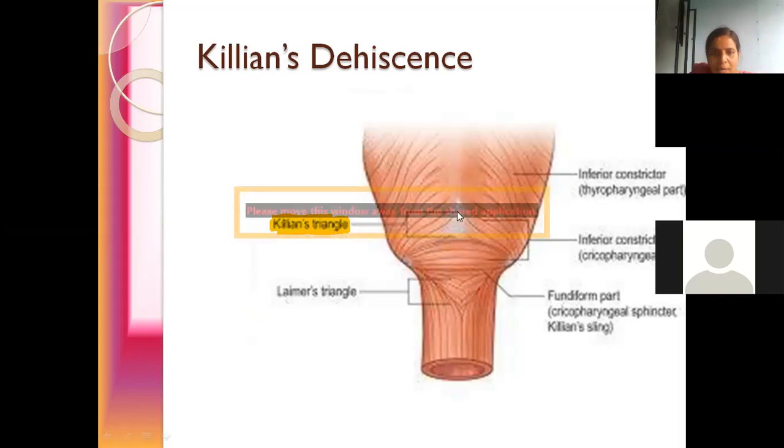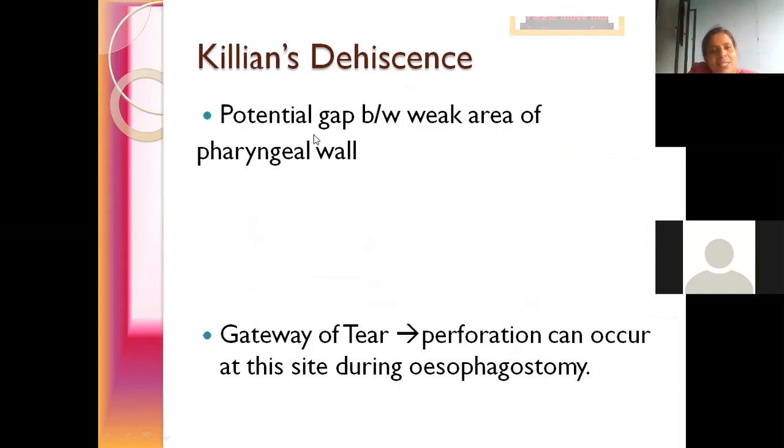So this particular area does not have many muscle fibers. That area where we do not have many muscle fibers may protrude outside. It may bag outside. It may form a pocket where anything can be stored. That outpouching of this area may lead to some hernias. So this area is actually Killian's dehiscence.